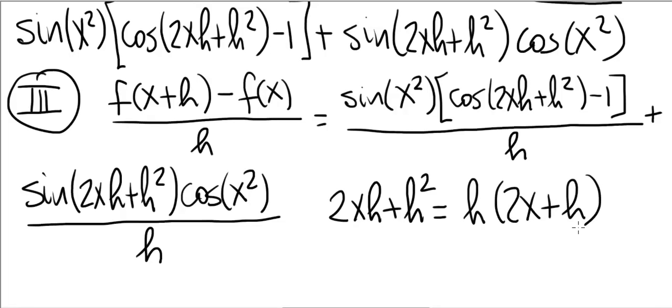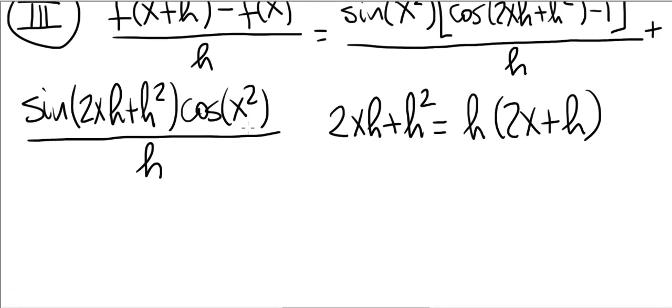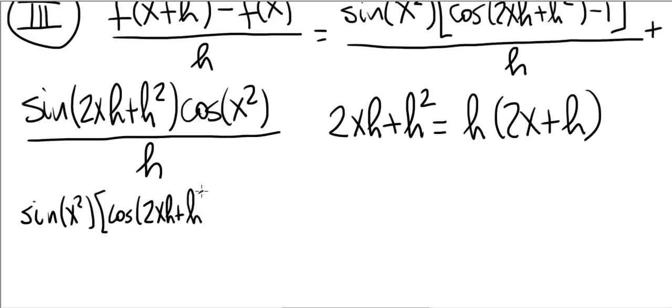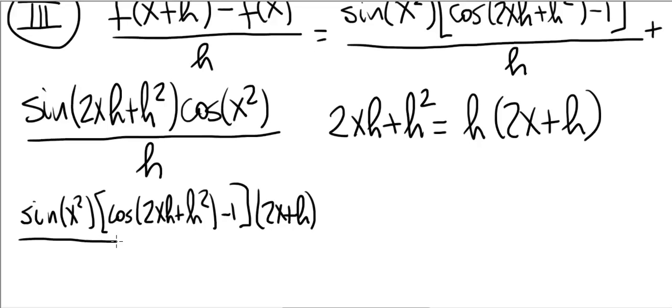So the next step is to multiply and divide everything by 2x plus h. We have not changed the problem. So this will look like this: sine of x squared times cosine of 2xh plus h squared minus 1, times 2x plus h, and in the denominator we have h times 2x plus h.